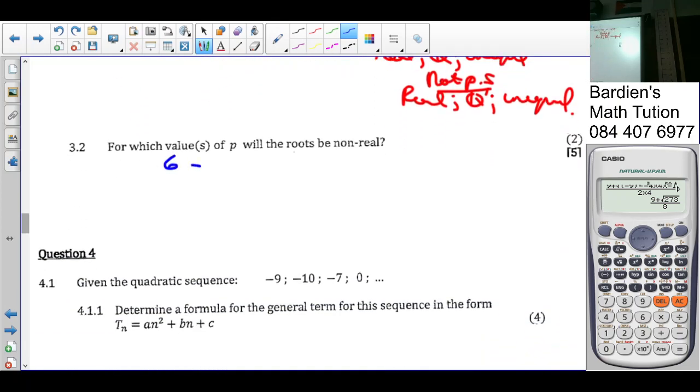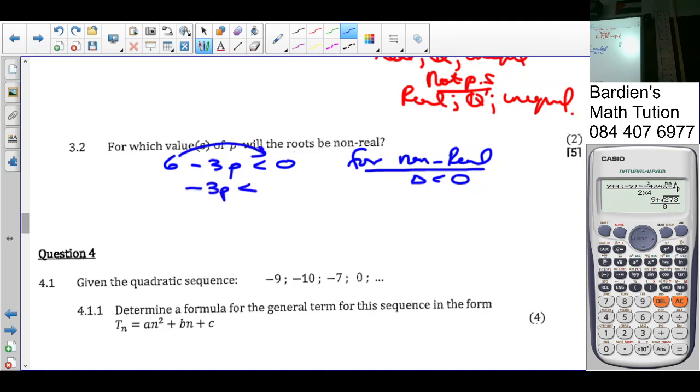So you say 6 minus 3p must be less than 0. Not so? Non-real roots, delta is less than 0. Where did I get delta? From the introduction to the sum. So we take the 6 over, so it becomes negative 3p must be less than minus 6.